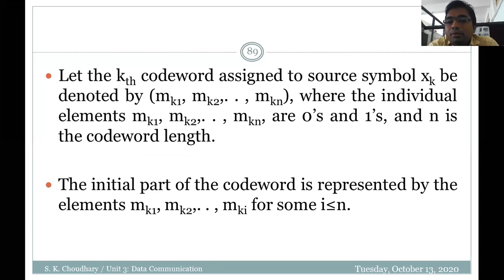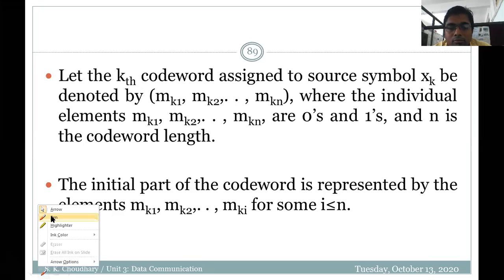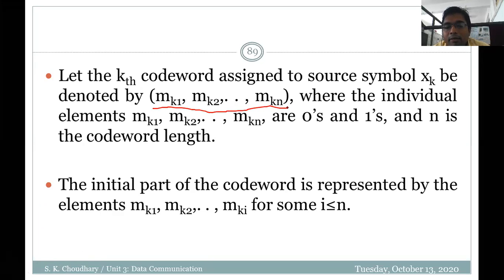So let the kth code word assigned to the source symbol xk be denoted by mk1, mk2, up to mkn, where the individual elements mk1, mk2 up to mkn are either binary 0 or binary 1, and n is the code word length.